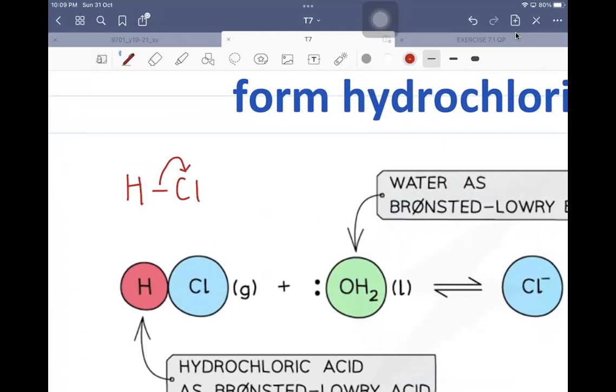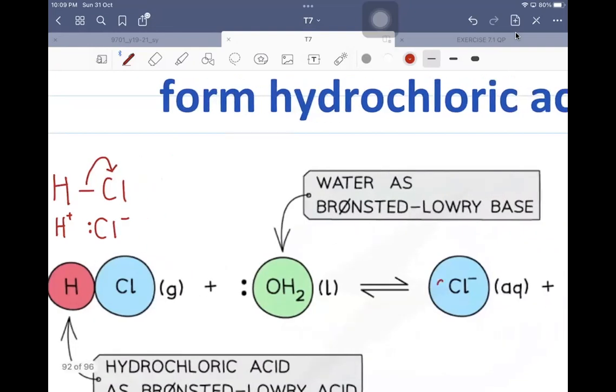So that's why hydrogen did not receive the electron, so it becomes H plus. Chlorine has received the electron, so it now becomes Cl minus. Okay, so that's why when you lose hydrogen ions from the HCl, chlorine will now become chloride. Just add in your electrons.